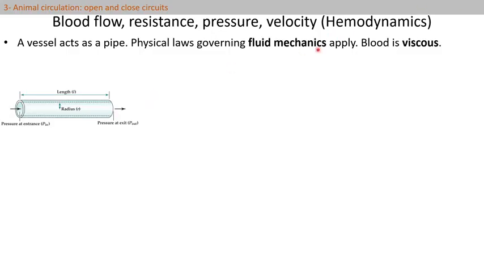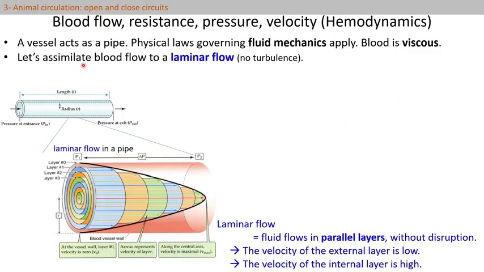So fluid mechanics applies. Blood is a viscous fluid, and that means it's moving in the pipe by a phenomenon called laminar flow.